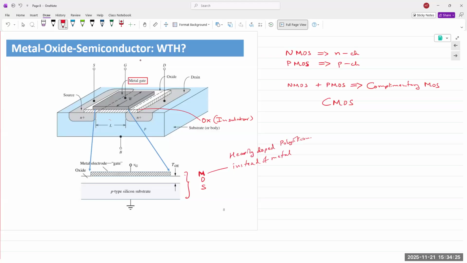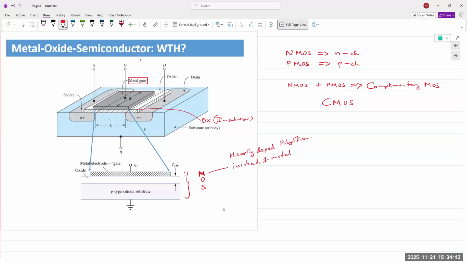So polysilicon is simply silicon with multiple ordered segments, not single crystalline silicon, with multiple orientations in the same structure.